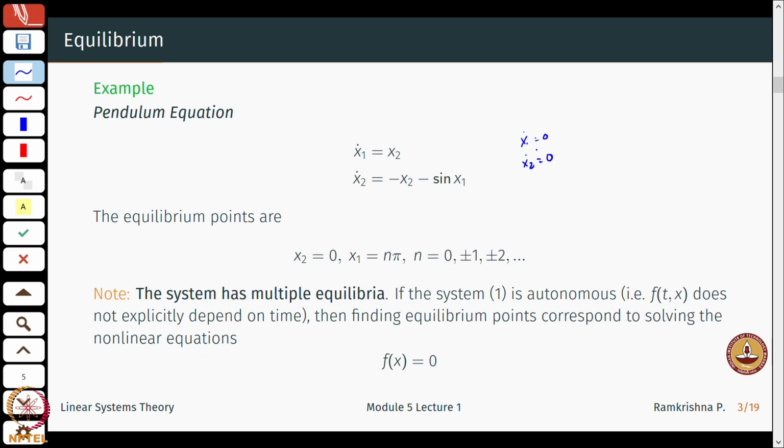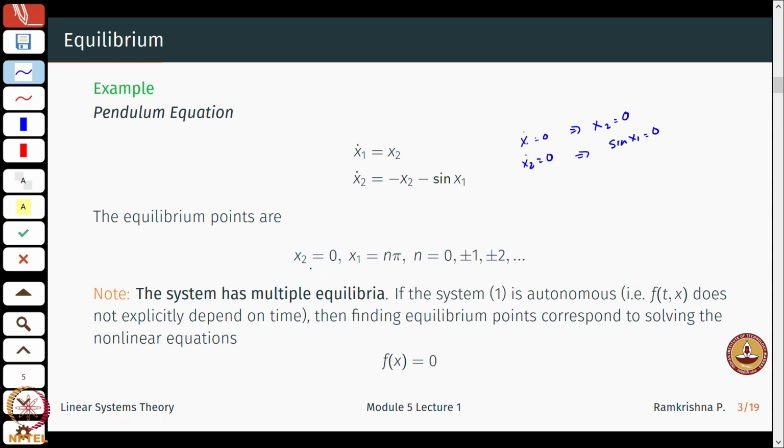What I get from the first equation is that x2 is 0, which is okay to check, as the velocity would be 0 at the equilibrium, and this would mean that sine of x1 is 0, which means it will have a variety of solutions, starting from pi to 2 pi and so on, all these multiples of pi.